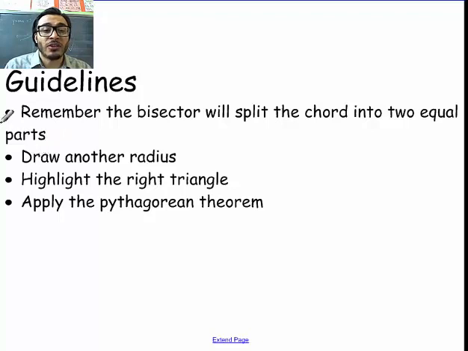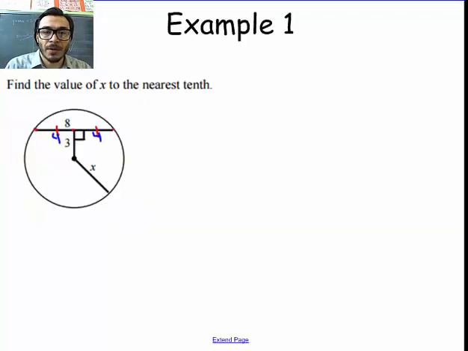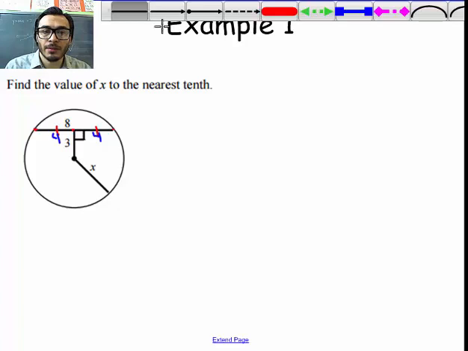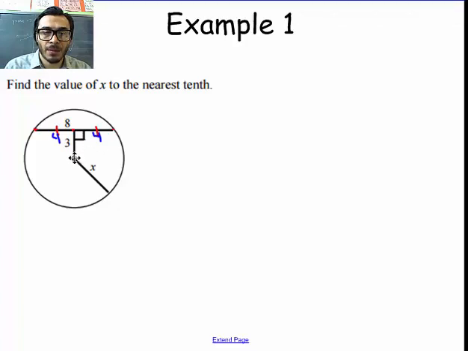The second guideline says draw another radius. So I'm going to draw a radius from here to here. And you'll see why I do that in a second. Let me just move that 4 out of the way. I'll put it here.